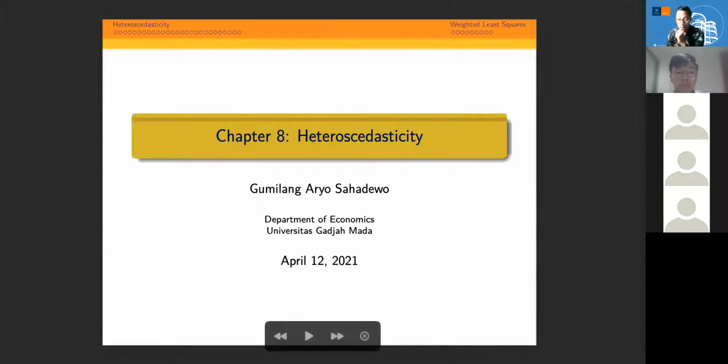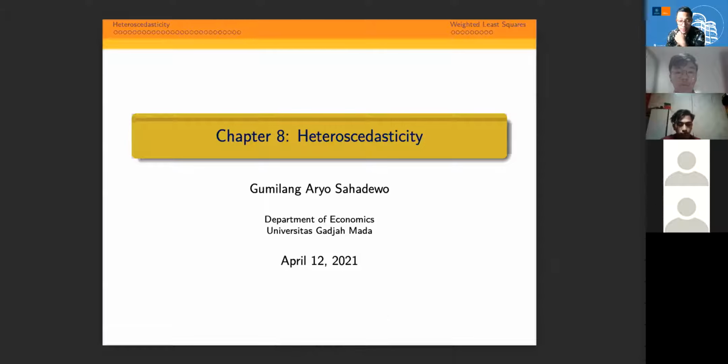Okay. I guess the agenda for today is to discuss heteroskedasticity. This is one of the violations of the multiple linear regression assumptions. And then we're going to also discuss weighted least squares. Weighted least squares is actually a form of generalized least squares. It's a method to estimate the parameters of the model given that there is an issue of heteroskedasticity.